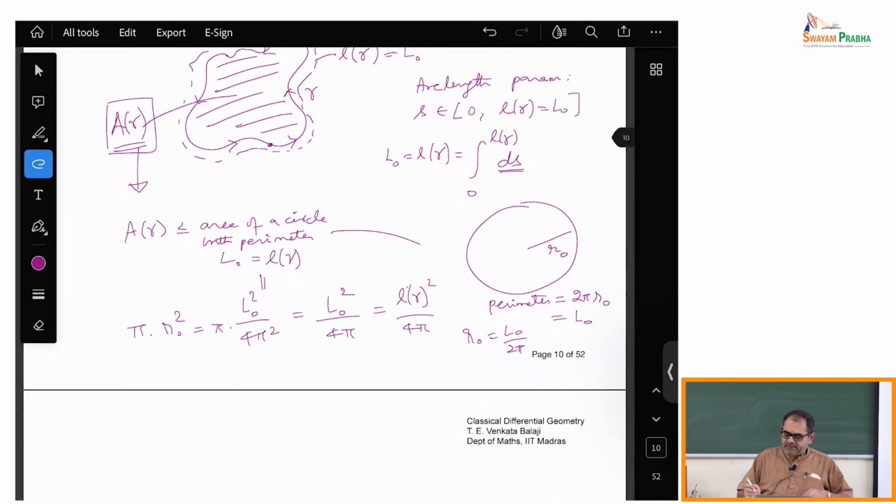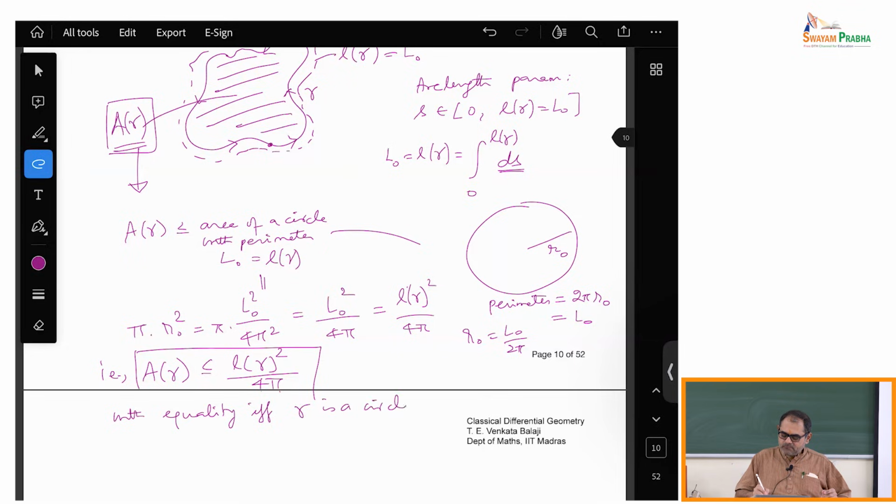So you are getting this inequality: A of gamma is less than or equal to L of gamma squared by 4 pi. This is the inequality. And the important statement is that equality will happen if and only if gamma is a circle.